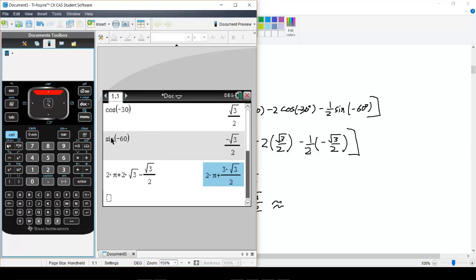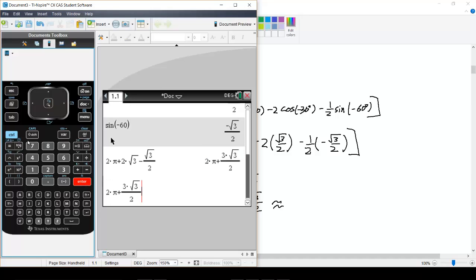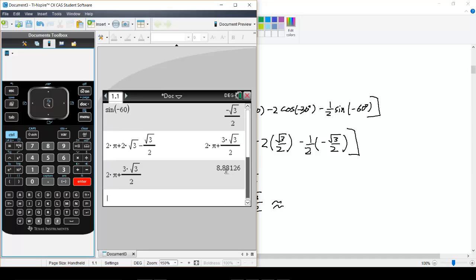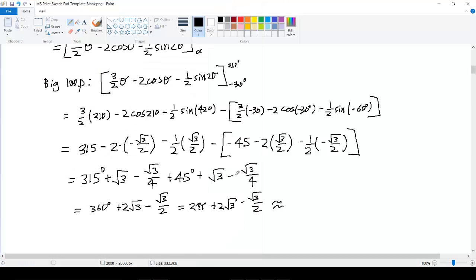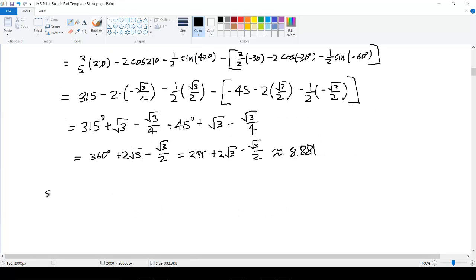Oh, I forgot my calculator tries to give me exacts unless I tell it not to. So it's 8.881. Now we're not done yet, sadly, but let's just keep in mind that that's there. And then we got to get the small loop.